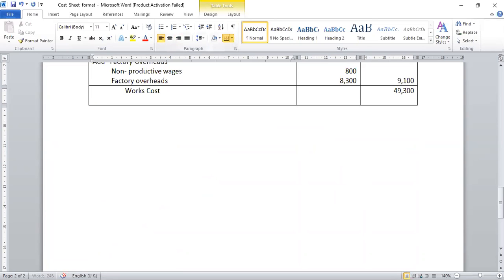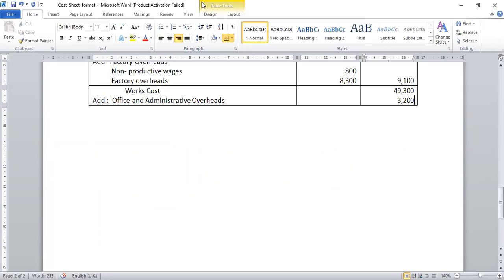Add office and administrative overheads. Stick to the format. What will be the amount of office and administrative overheads? A single amount is given, so there is no need of a working note. It is 3,200.